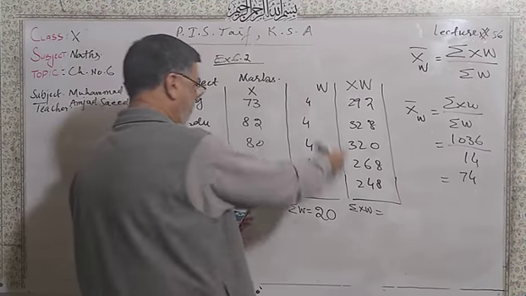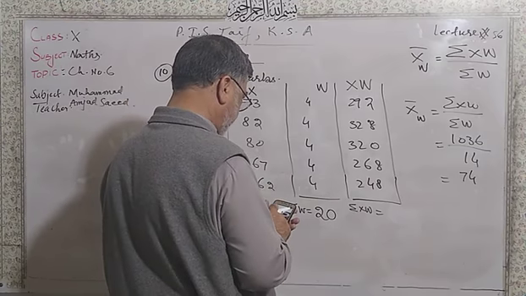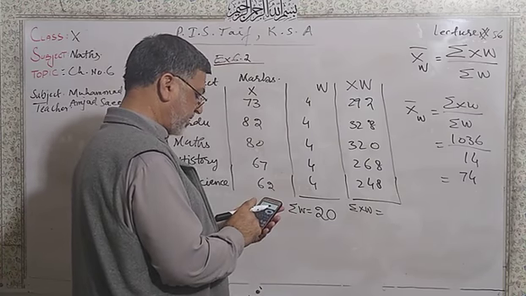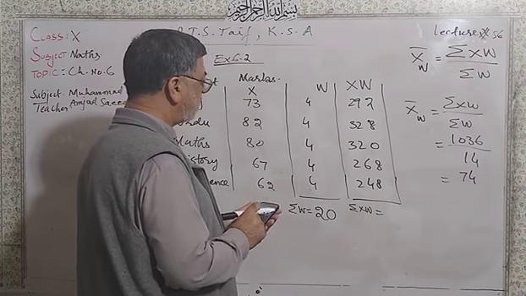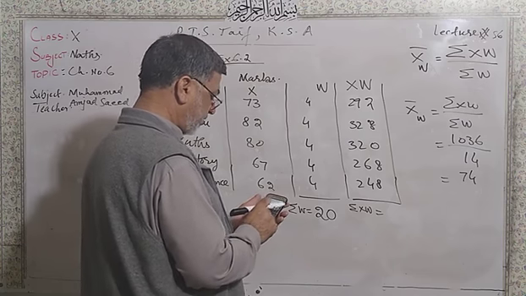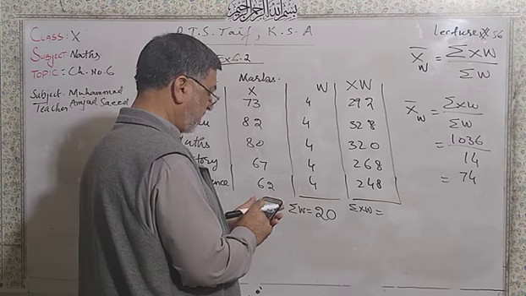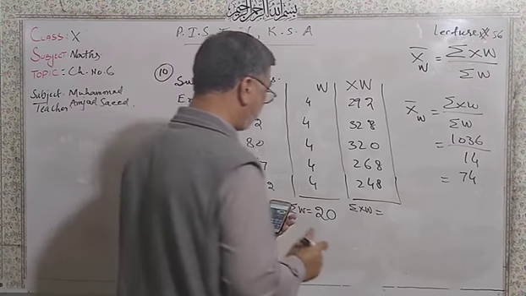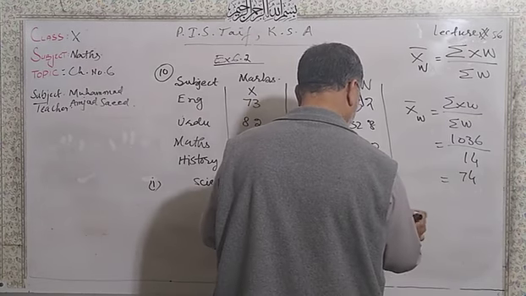Now we will add them: 248 plus 268 plus 320 plus 328 plus 292. That will be equal to 1456.